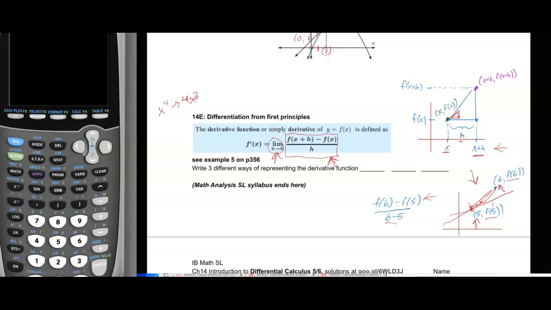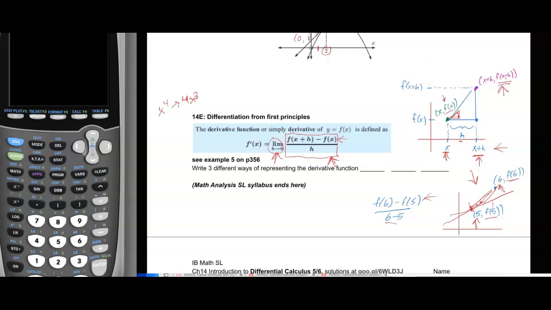When it has these variables, I'm sure you understand now how we got x and x plus h. Now how do we get the y values? We just plug them into f, just like we did here. So instead of f of 6, we have f of x plus h. And instead of f of 5, we have f of x, and those are my y values. If I take the second y value and subtract the first y value, I get the numerator here.